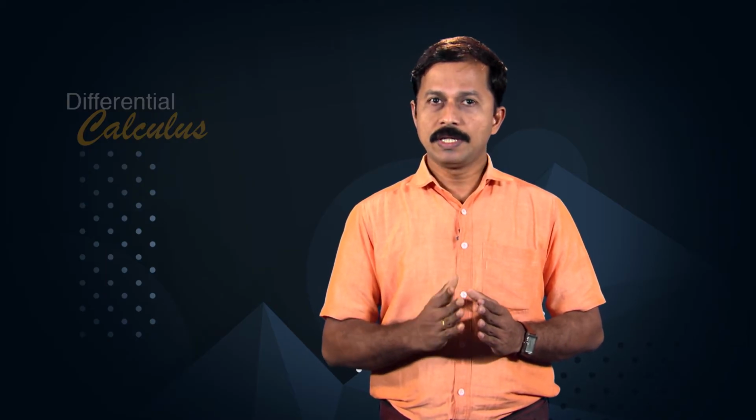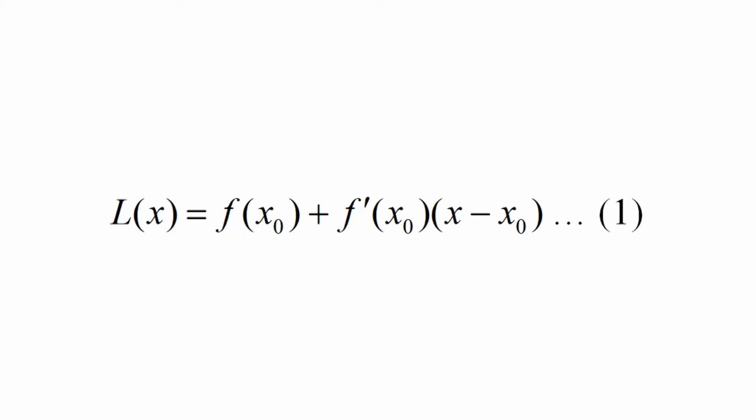If f is differentiable at x is equal to x naught, then the approximate function L of x is equal to f of x naught plus f prime of x naught times x minus x naught, which we call equation number 1, is the linearization or local linearization of f at x naught.